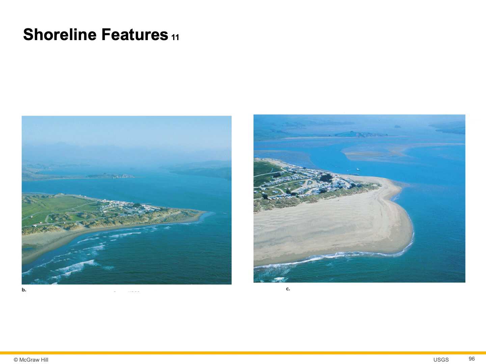And here it is after a storm. Same place. Sand was transported along the shoreline from the left side of the image toward the right side and deposited. A lot of it was deposited.